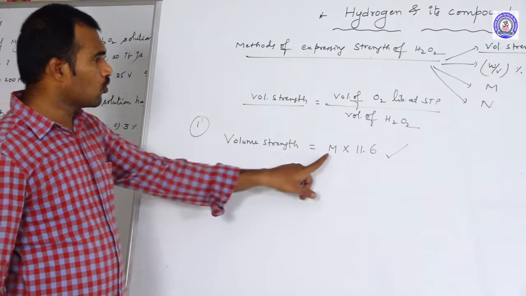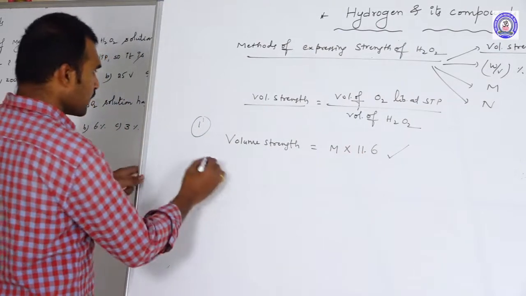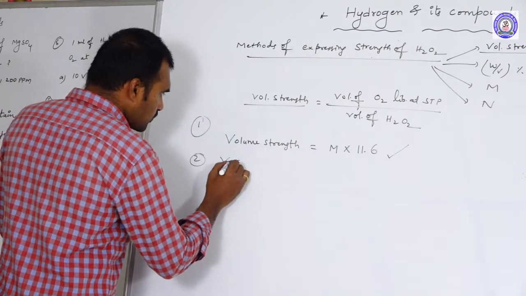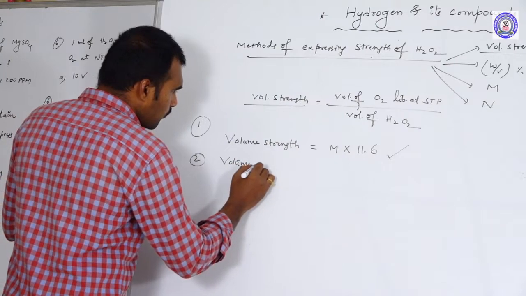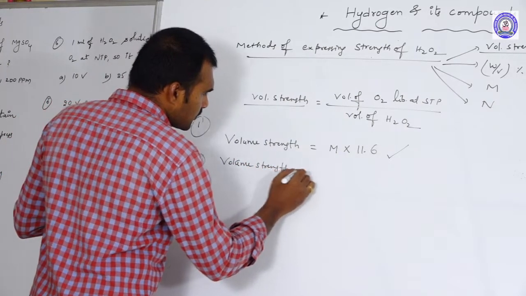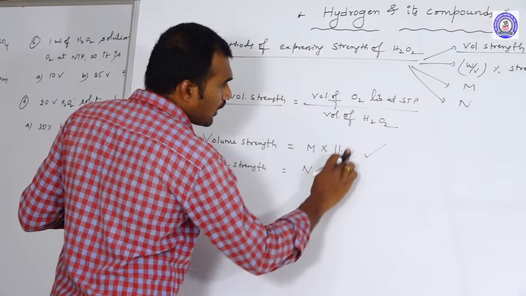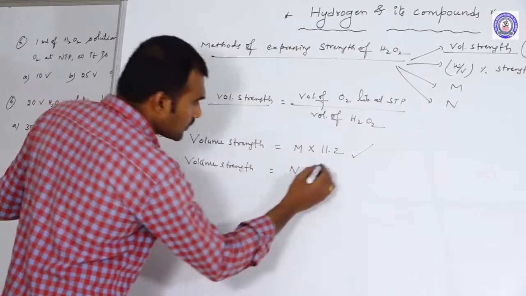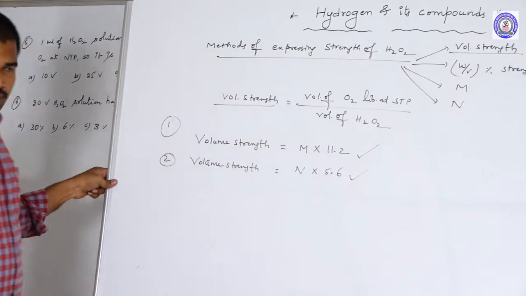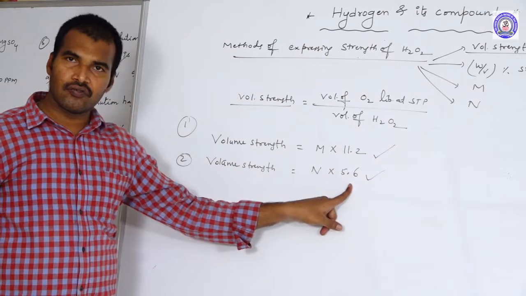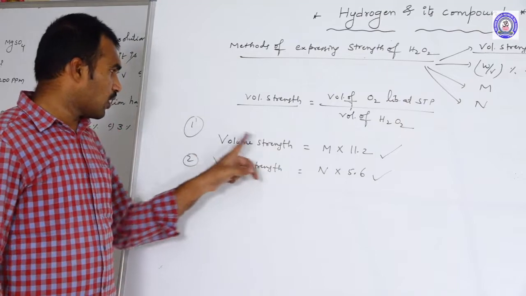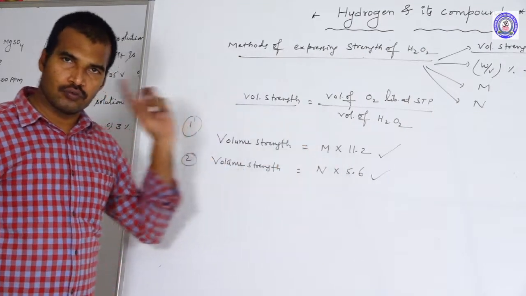Next one, volume strength is equal to normality into 5.6.